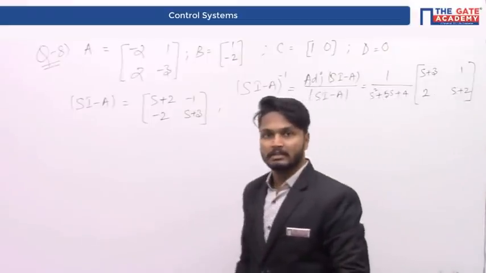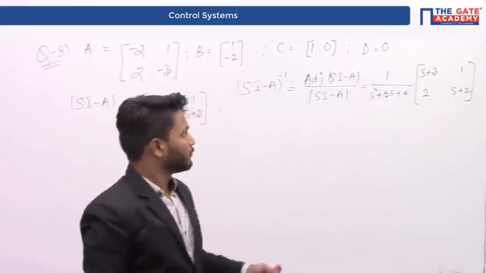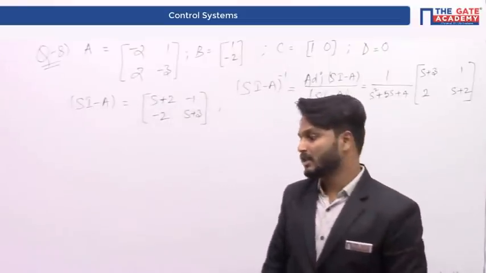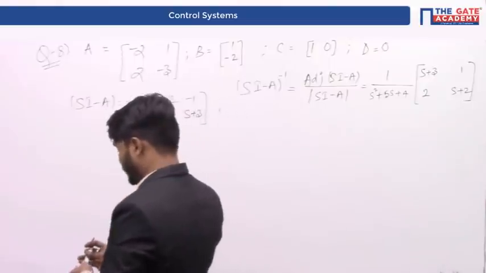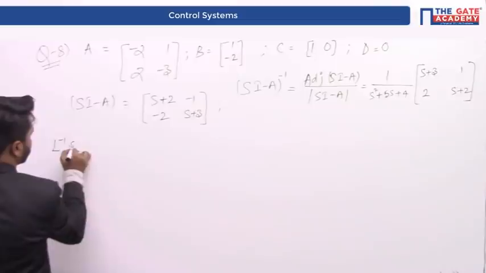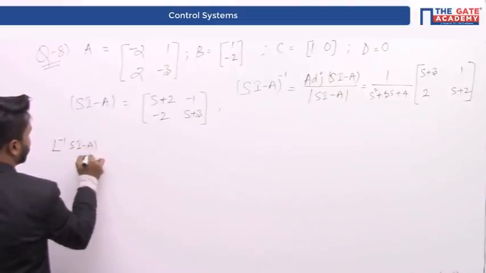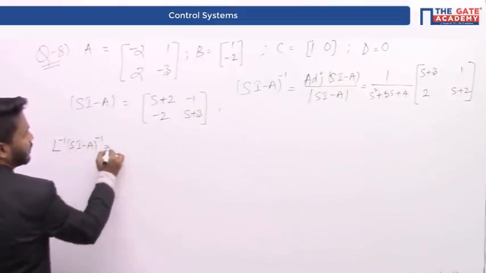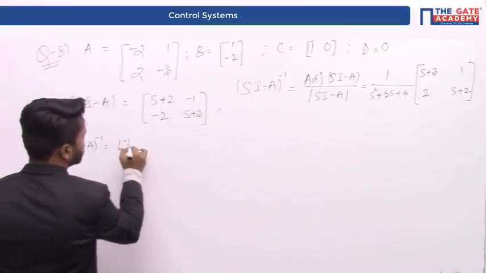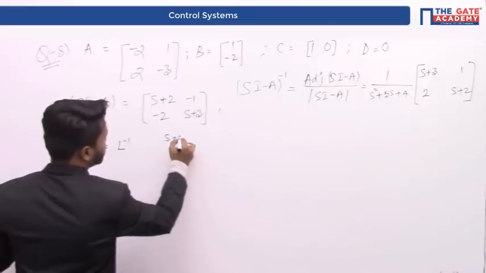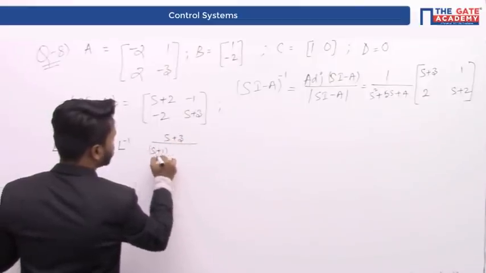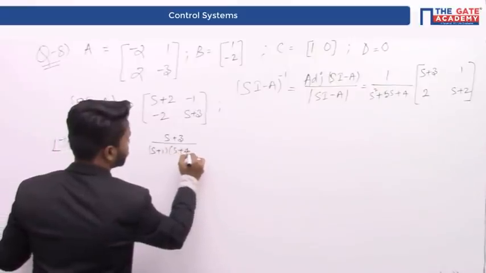This is (sI minus A) whole inverse. Therefore, we need to find the Laplace inverse of (sI minus A) whole inverse. It is equal to the Laplace inverse of this matrix: (s plus 3) divided by (s plus 1) into (s plus 4).